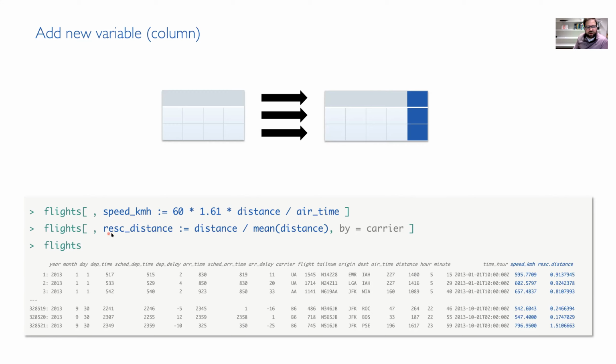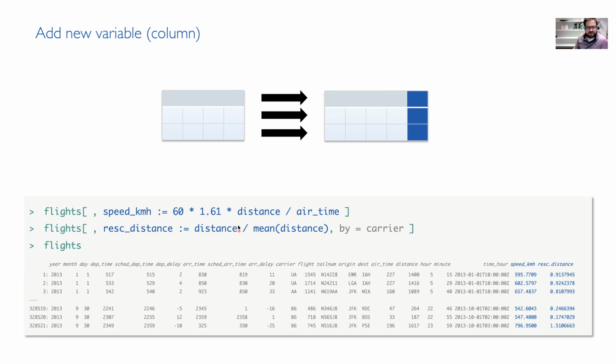For example, I can rescale all distances by the average distance of a certain carrier. For example, I can ask, is this flight much further or much shorter than a typical flight conducted by the same carrier? So then I can calculate a rescaled distance.